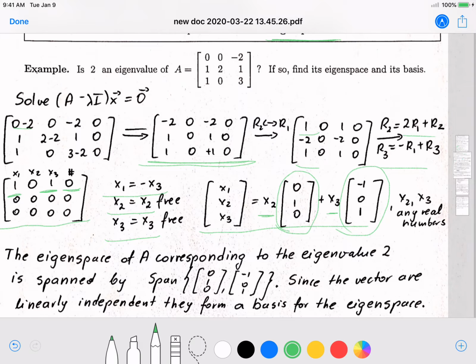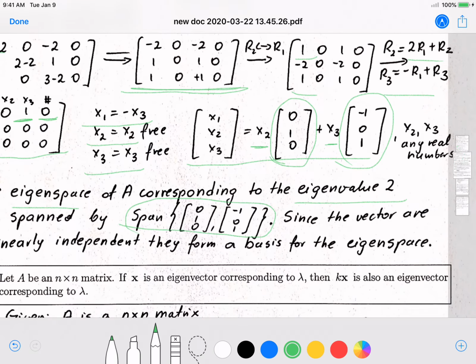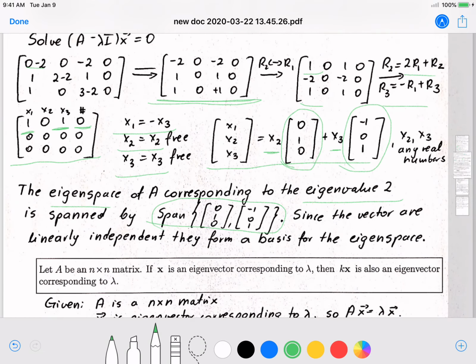So the eigenspace of A corresponding to the eigenvalue 2 is the linear combination of the vectors that we just found. Since the vectors are linearly independent, they form a basis for the eigenspace. So the basis would be just those two vectors.